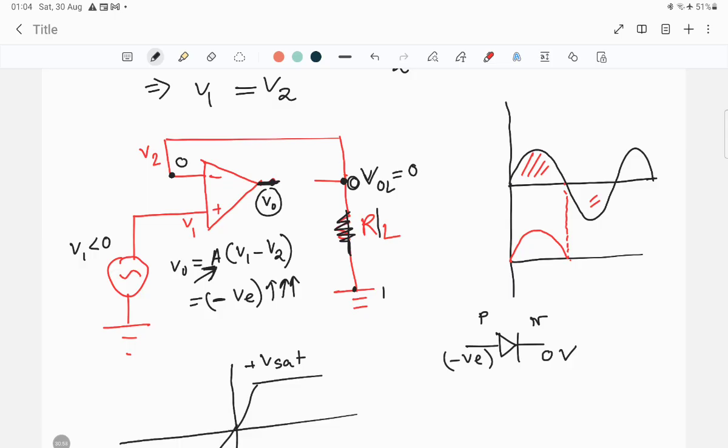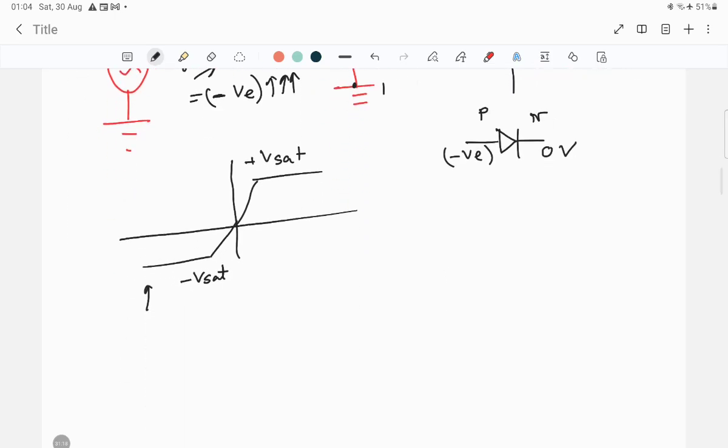Another major concern is the linear operating region, because the op amp will only work in the linear property. Due to these causes, the precision rectifier is very useful for rectification purposes. Then we will try to see the full wave rectifier.